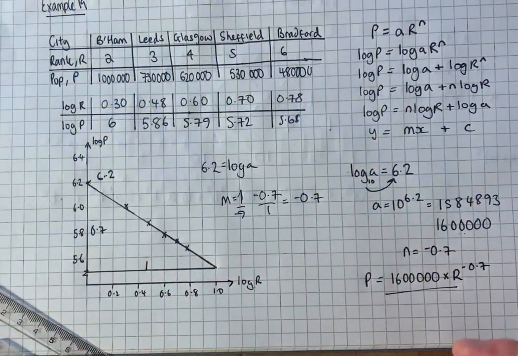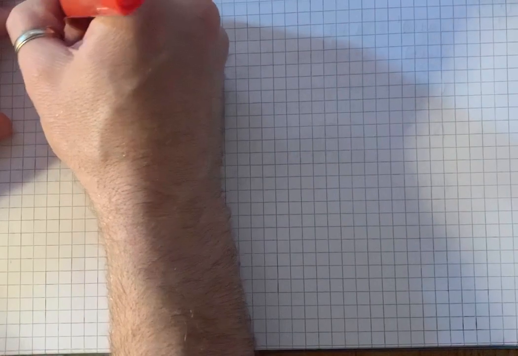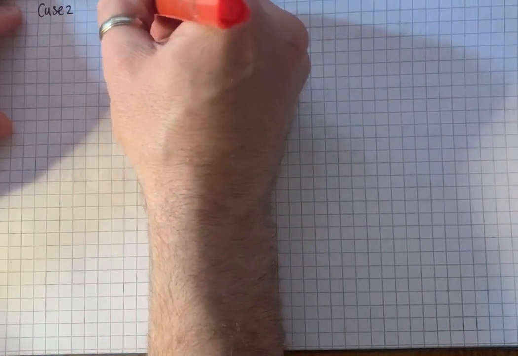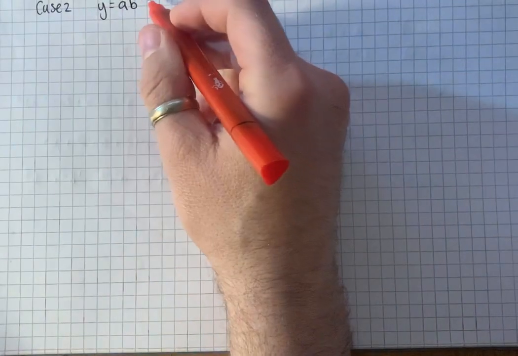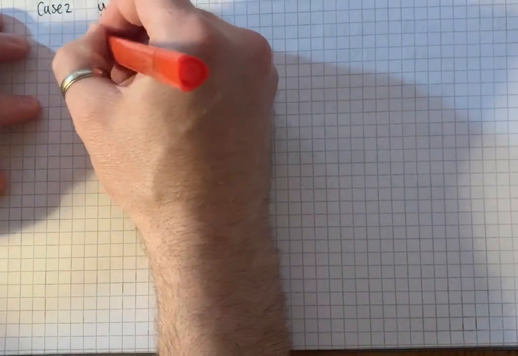Okay, now the second case, case 2, is where we have y equals a b to the x. So this time the power is x. But similar to before, we're going to do logs to both sides.